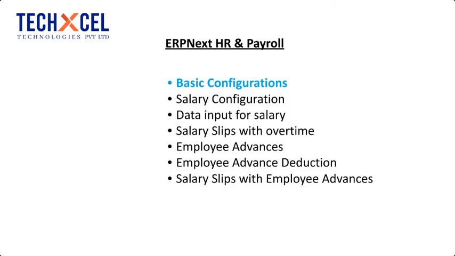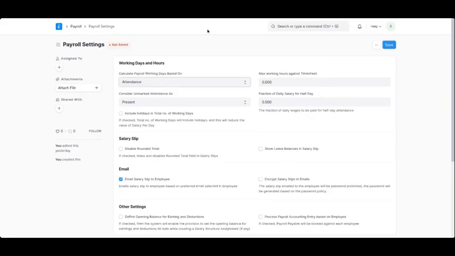Let us start with the topic. Before proceeding further, we need to make sure that the configurations are done properly to process the salary in ERPNext. The main configuration is the payroll settings, where you can see the field "Calculate Payroll Working Days Based On". In this field, you can set either leave or attendance.